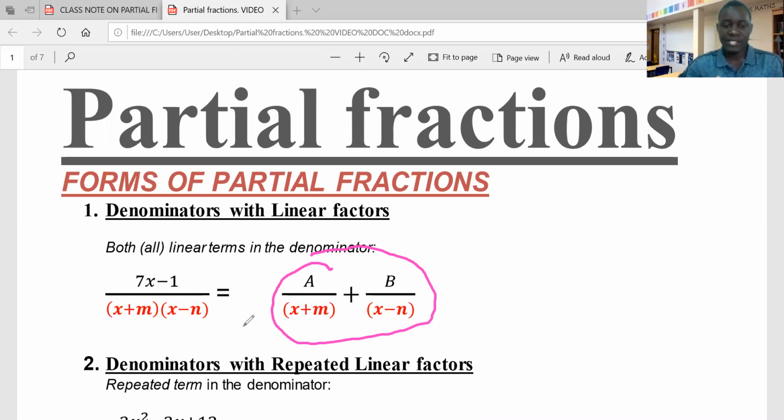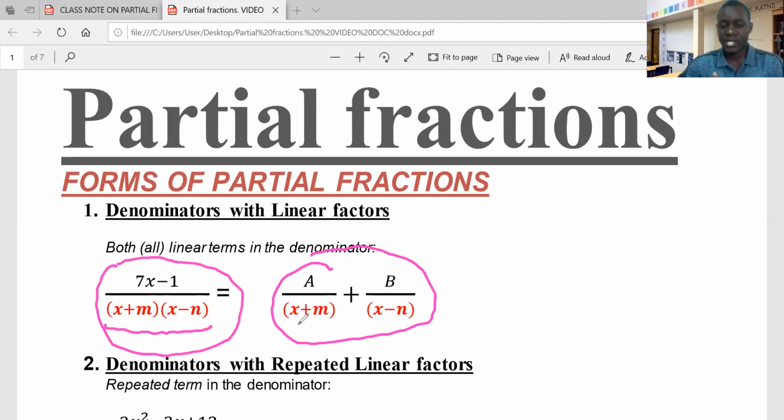The fraction on the left hand side is a compound fraction. A single fraction of this kind we can refer to as a compound fraction, and I'll refer to these separate fractions that can be added up to give us this particular one as the partial fractions, or the fractions that are written in parts and then summed together to give us what we have on the left hand side.